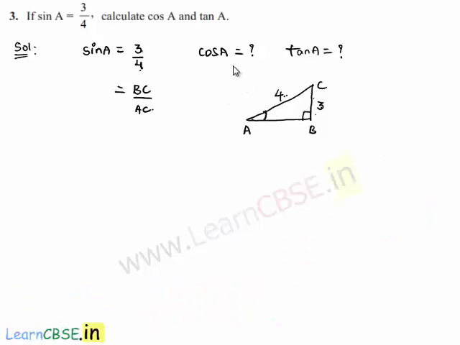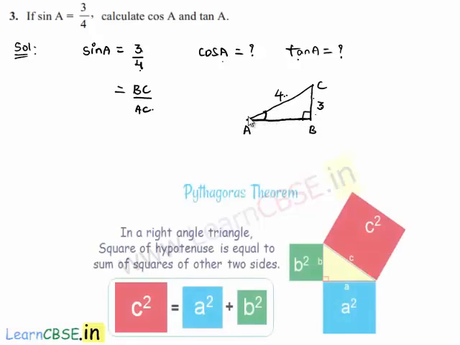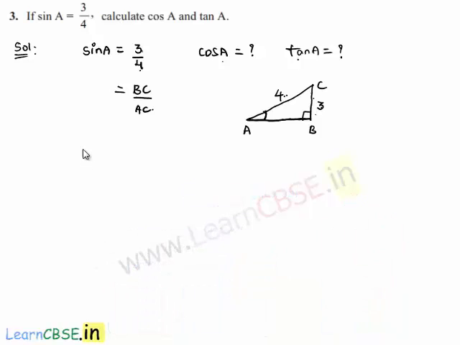In order to find the values of cos A and tan A, we also need the adjacent side of angle A, that is nothing but AB. Here, by applying the Pythagoras theorem in triangle ABC, let us find the value of AB. By Pythagoras theorem, we know that the square of the hypotenuse is equal to the sum of squares of the other two sides.